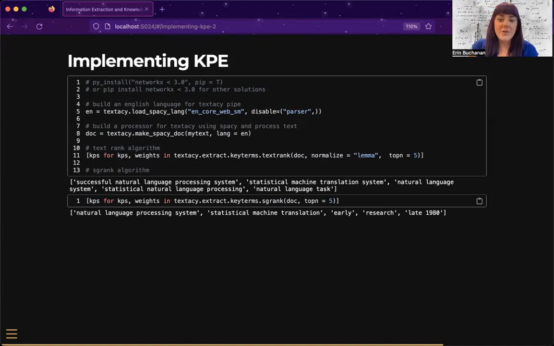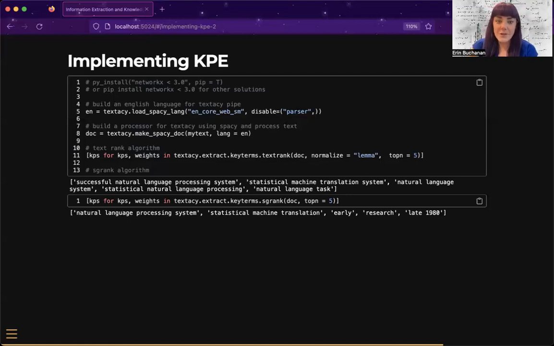And so: the history of NLP, successful natural language processing system, natural language system, statistical natural language processing, natural language task. Pretty cool. Those are just all different ways to say NLP. And statistical machine translation. With the history of NLP, machine translation features very heavily in this.